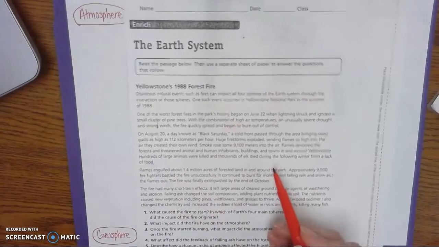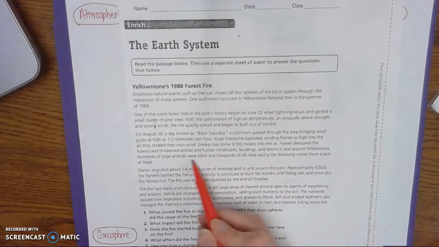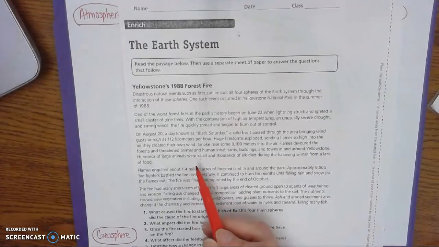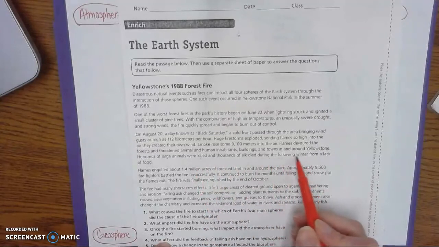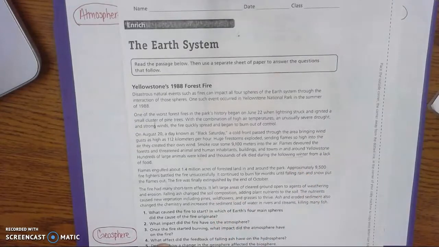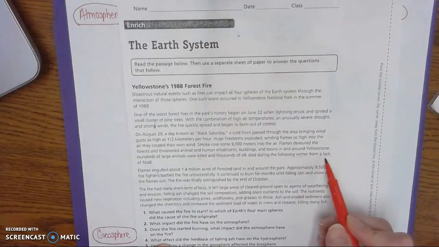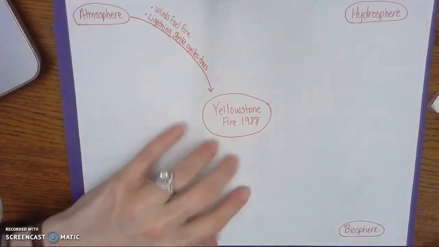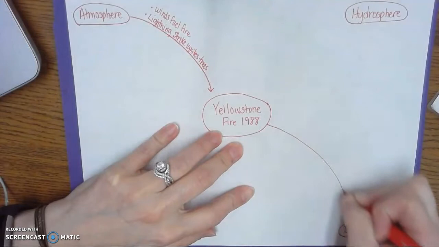So here we're talking about the immediate dying because they're being smothered or being killed by the fire itself, but then also during the following winter, that's later on, from lack of food. So we've got a couple of things going on here. It immediately destroys the plant life and the animals that get trapped in there. So plants and animals are going to be our biosphere.